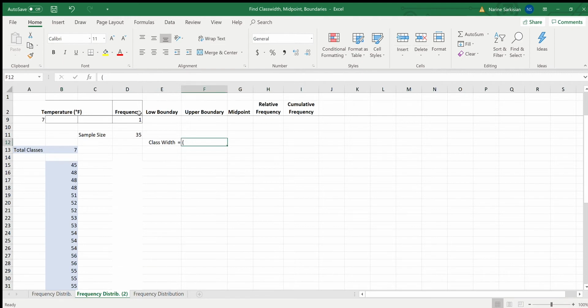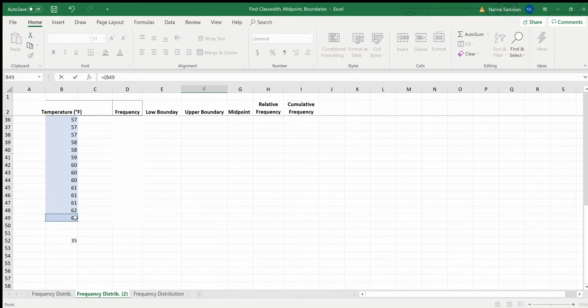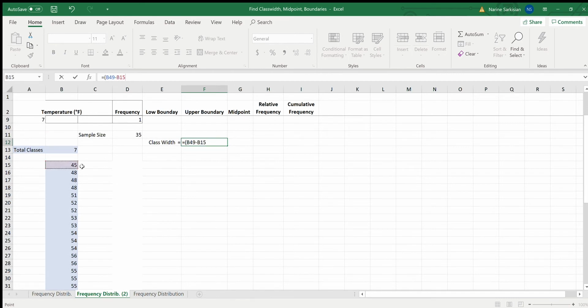Oh, equal sign. Okay, so I'm going down here, click 65. It took the cell of 65 and then minus, taking the cell of the smallest number, which is 45, closing parentheses, and we divide by total amount of classes, which is 7.